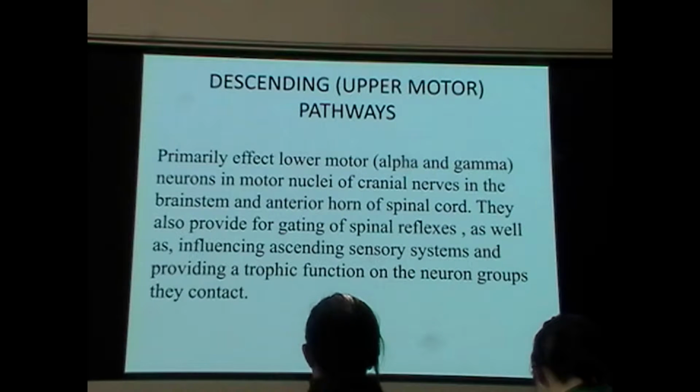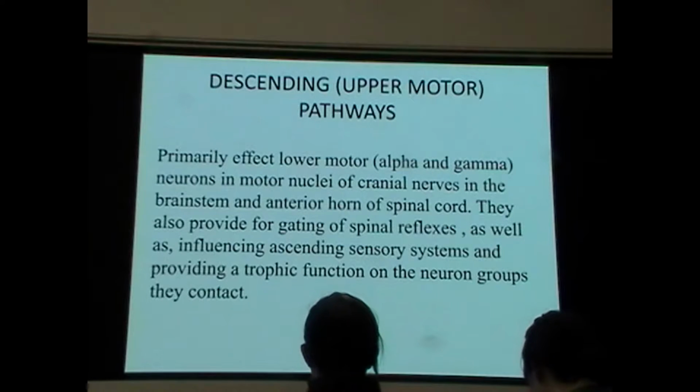They typically start mostly in the area of the precentral gyrus, Brodmann area 4, or they can start in the supplementary motor area, Brodmann area 6. These are the pathways that have a direct effect on the lower motor neuron. The lower motor neuron, once again, is the alpha motor neuron.